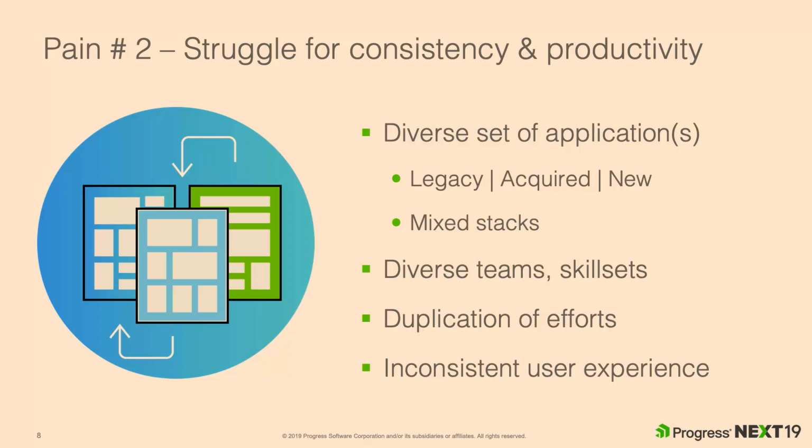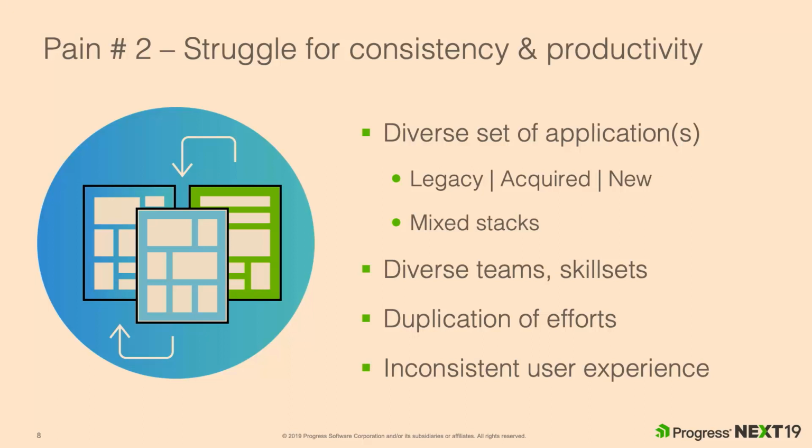So your UX designer is designing screens that you may want to use across multiple applications. Those applications are based on different technology stacks, and the look and feel and behavior of those applications will end up differing quite a bit, right? So to the end user, in a line of business application, you have end users that are using all these applications, and there's a lack of consistency between those applications.